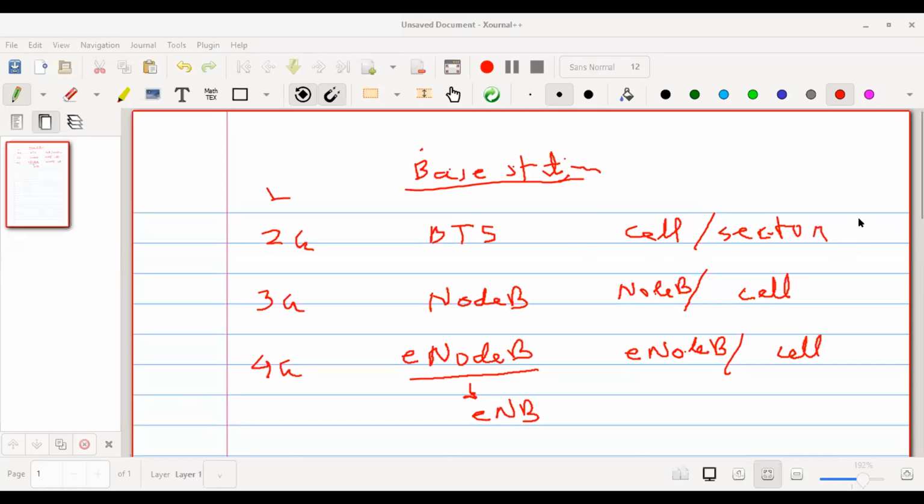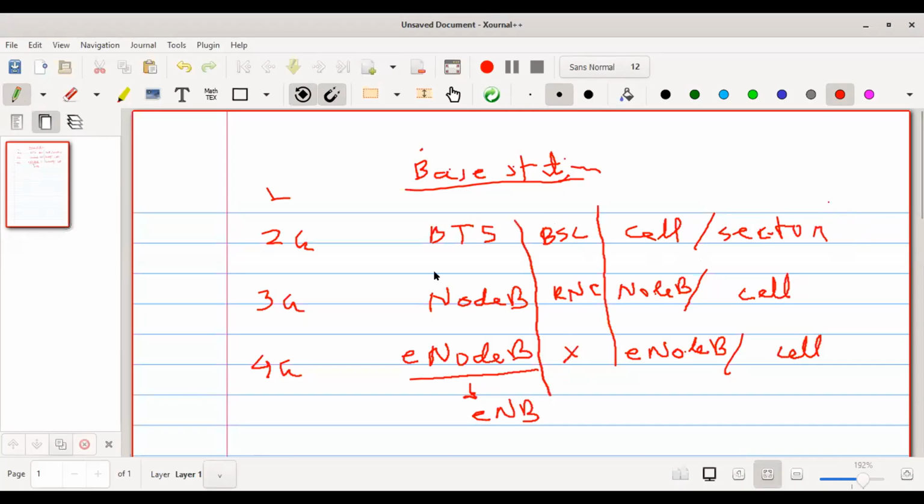In the case of 2G, it was called BSC, base station controller. In the case of 3G, it was called RNC, radio network controller. But in the case of 4G, you don't have this component. The E node Bs are directly connected to the core network in the case of 4G.